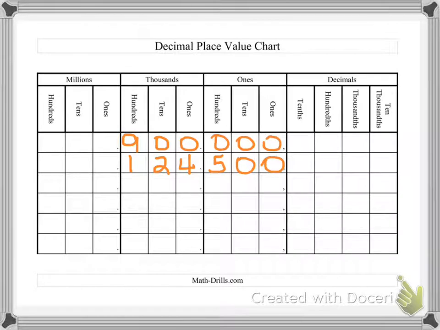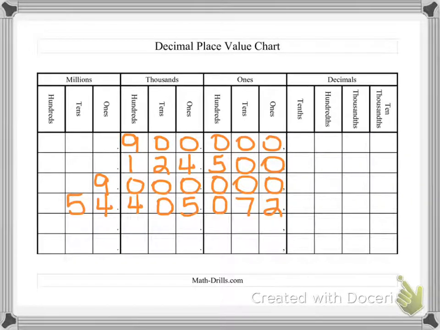What about this one? If you said 124,500, you would be correct. How about this one? 9 million. We're getting bigger. Look at this one.